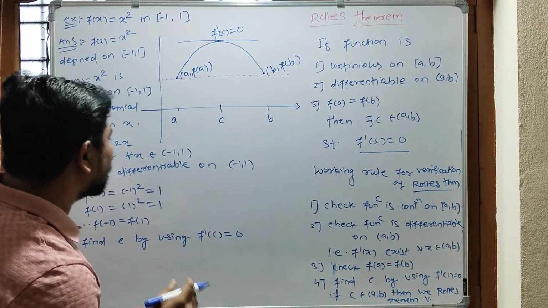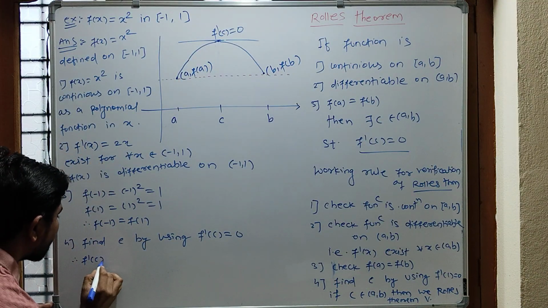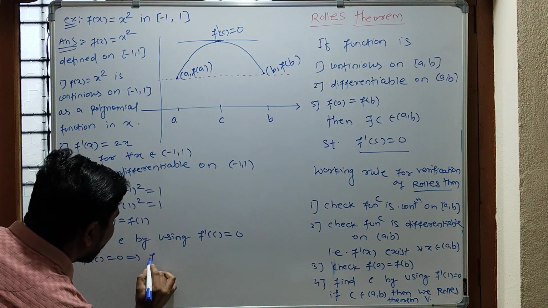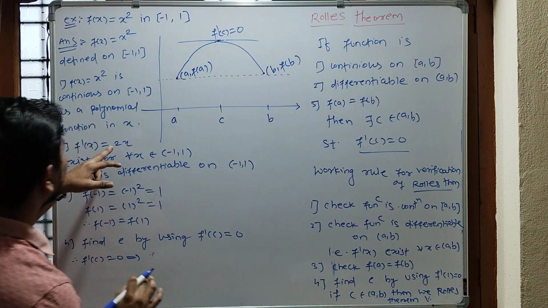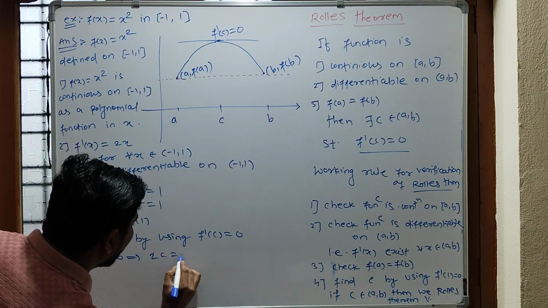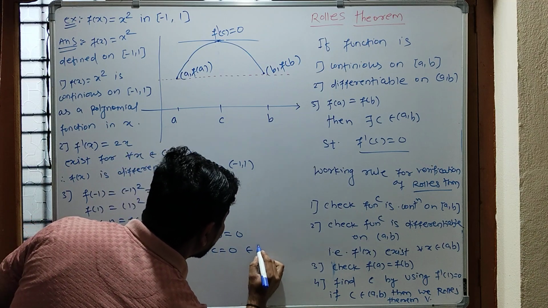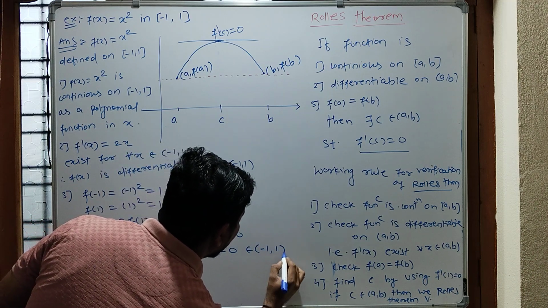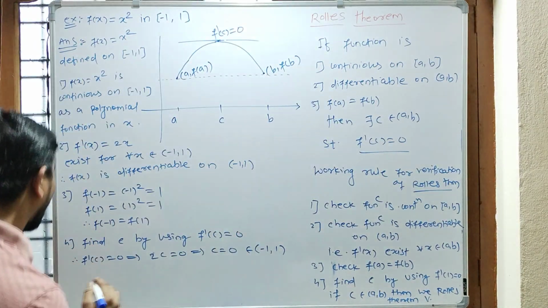Since f dash of x equal to 2x, f dash of c equal to 0 means 2c equal to 0. This implies that c equal to 0, and that belongs to the open interval -1 to 1. You can check here 0 belongs to this -1 to 1.